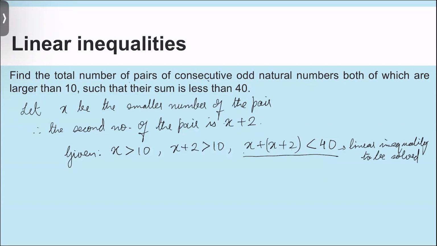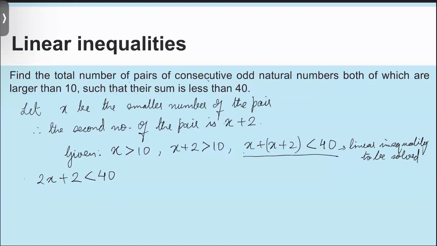So you can directly write 2X plus 2 is less than 40.